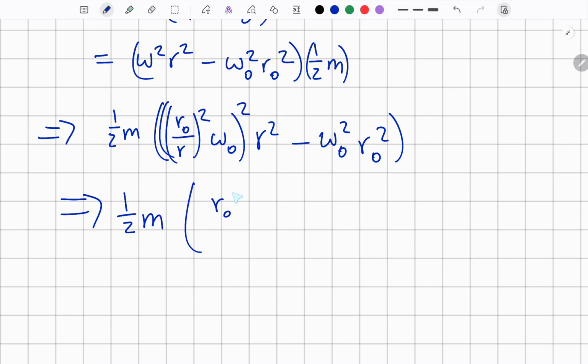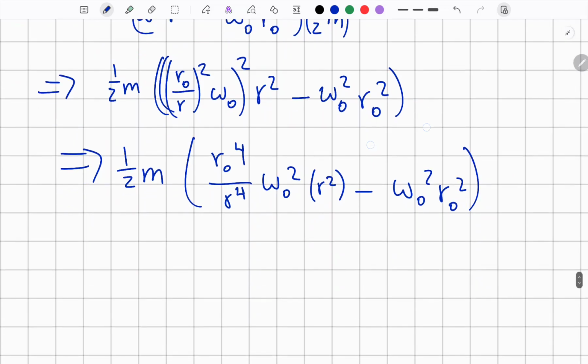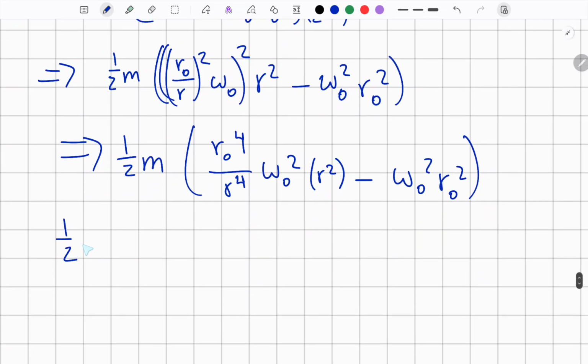That's going to be r naught to the fourth over r to the fourth omega naught squared times r squared minus omega naught squared r naught squared. See here, we're going to have 1/2 m. That's going to work out to be r naught to the fourth over r squared omega naught squared minus omega naught squared r naught squared.